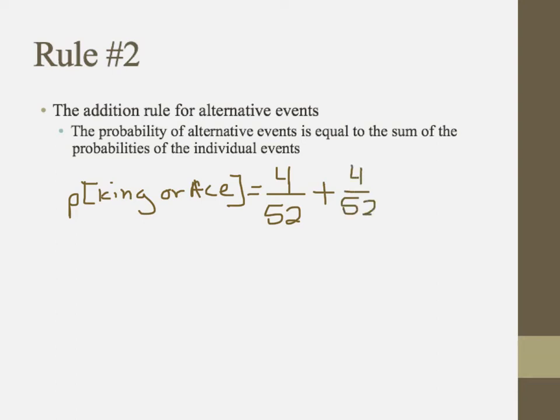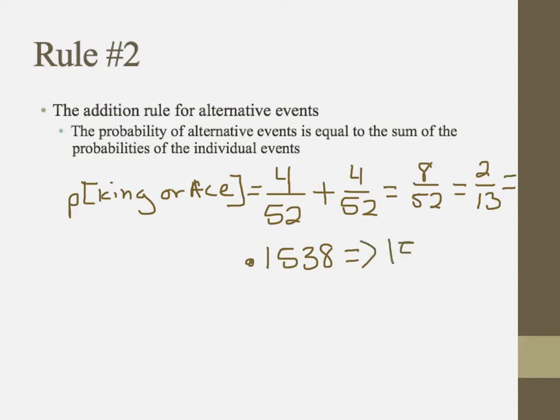So the probability that we would draw, in a deck that's been shuffled, either a king or an ace, is going to be 4 over 52 plus 4 over 52, which is going to give us 8 out of 52, which equals 2 out of 13, which is equal to 0.1538, or if we turn that into a percentage, it would be 15.38%.